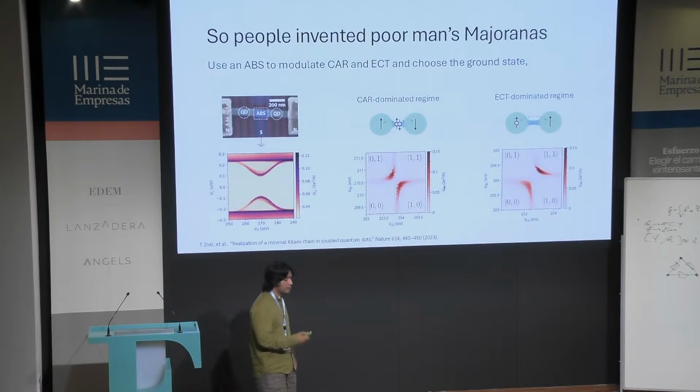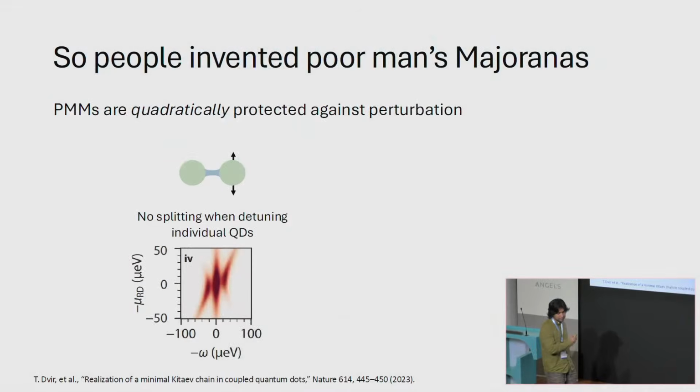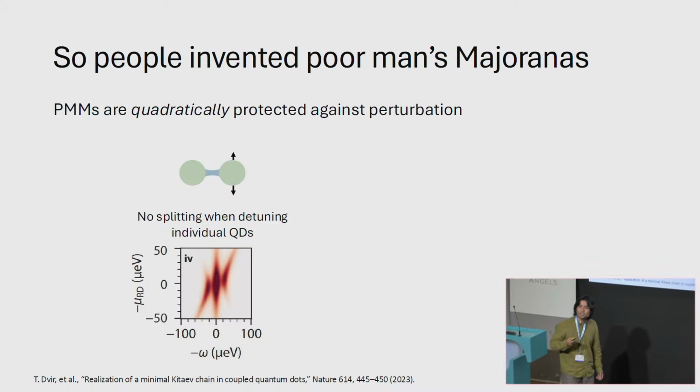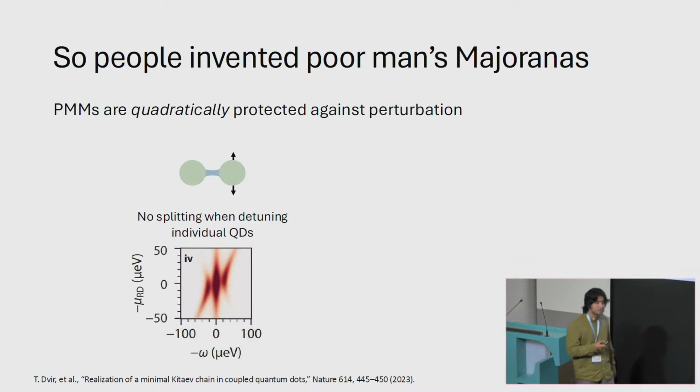By tuning this Andreev state, you can reach the sweet spot where the 2 interactions are degenerate, where you have this crossing and you have a ground state degeneracy between even and odd manifolds. Once you tune to this system, you have some degree of protection, but you don't have full topological protection. This protection gives you robustness against the tunings of individual quantum dots. That is, one Majorana on one side will be protected against things happening to it.